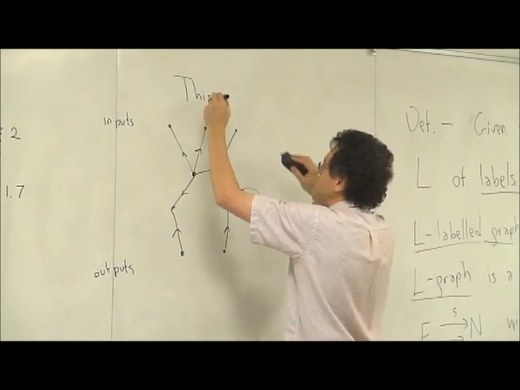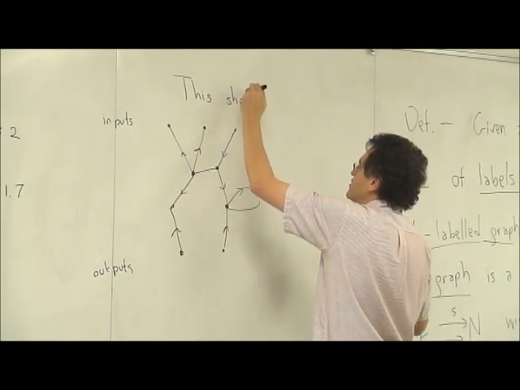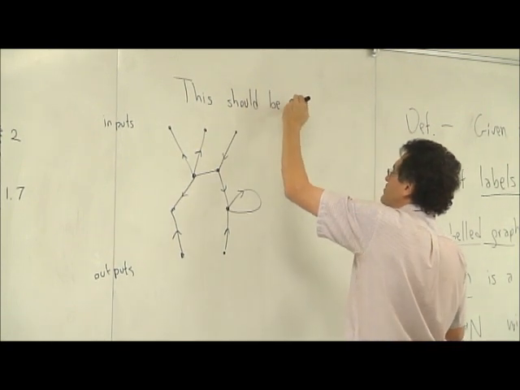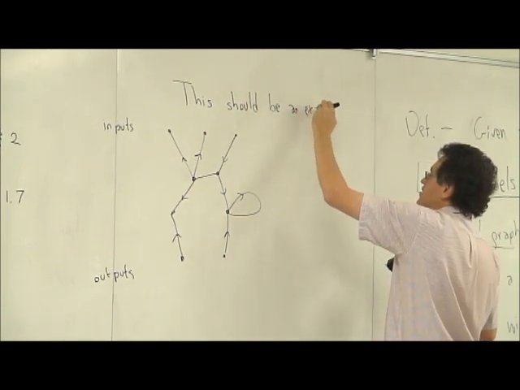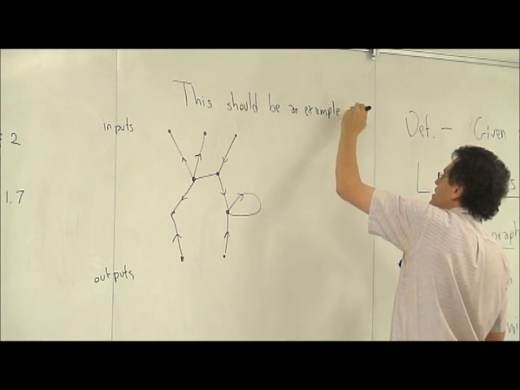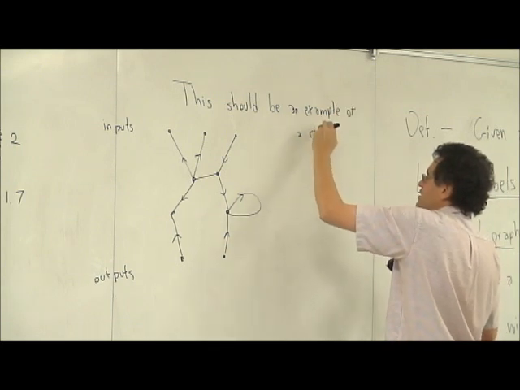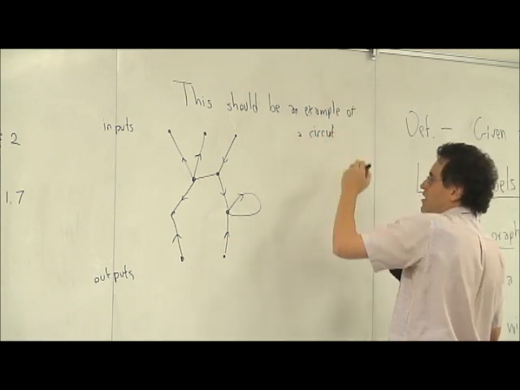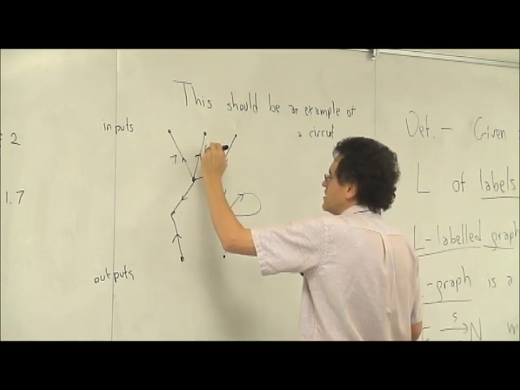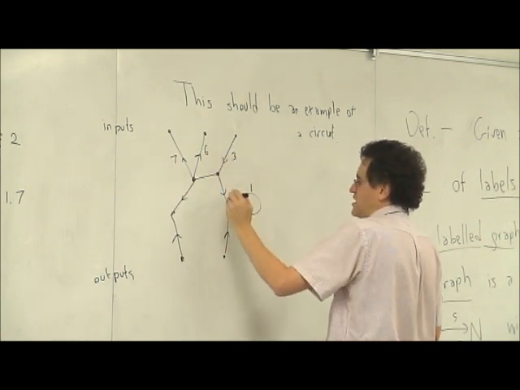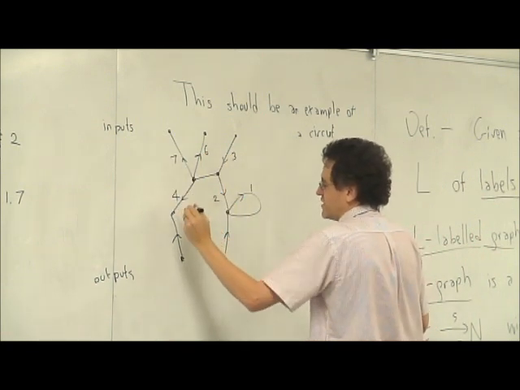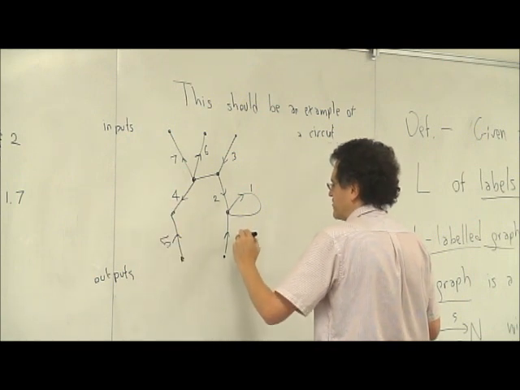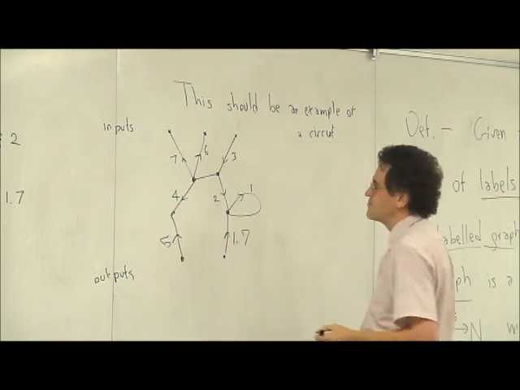So this should be an example of a circuit. This thing I just drew, I forgot to draw all these resistances. I always get carried away and draw way too many edges in my example graphs, so that I take forever to draw all the numbers.